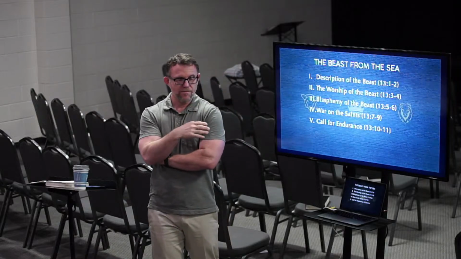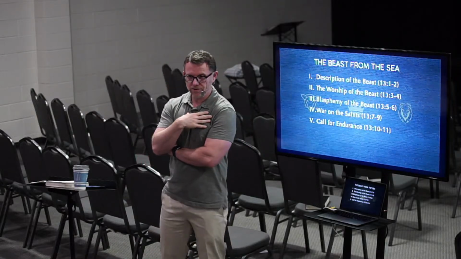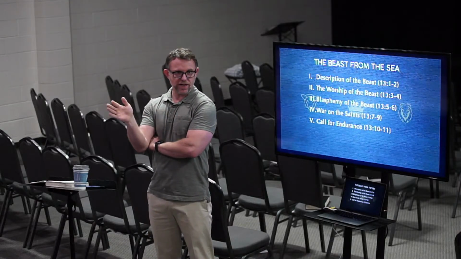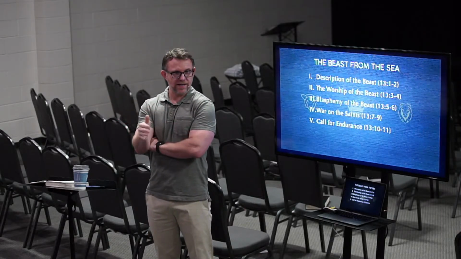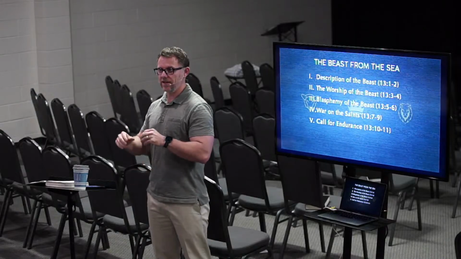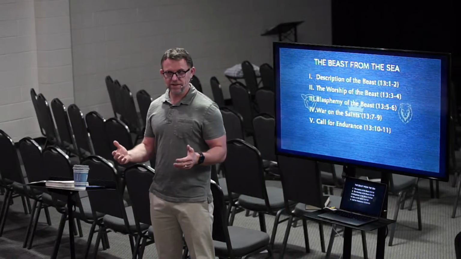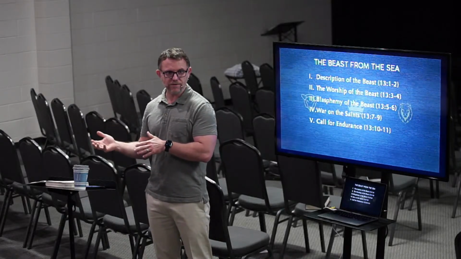My understanding of the 42 months or 2.5 years is that it is a symbolic description of the whole church age. So what we're seeing is, in different visions and in different ways, John is describing the circumstances that are common and lead up to the final judgment.